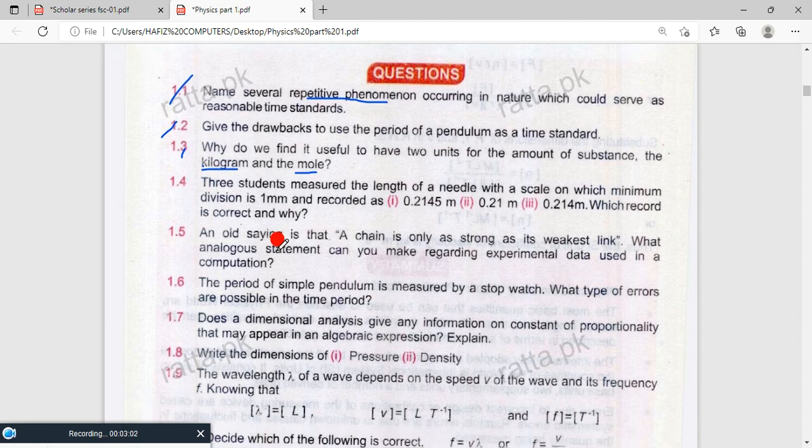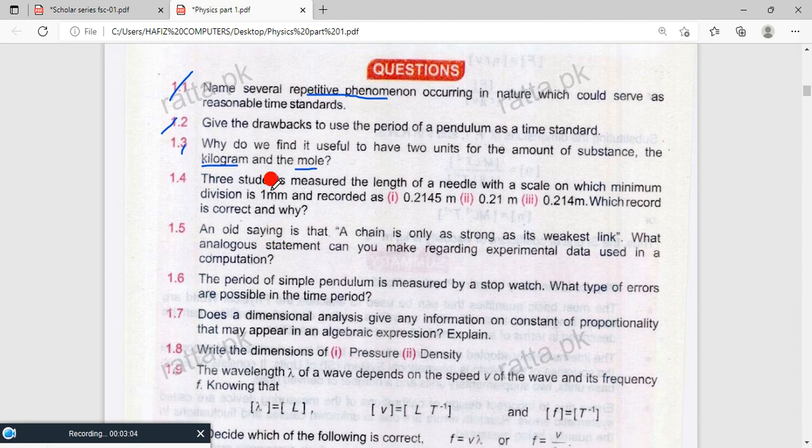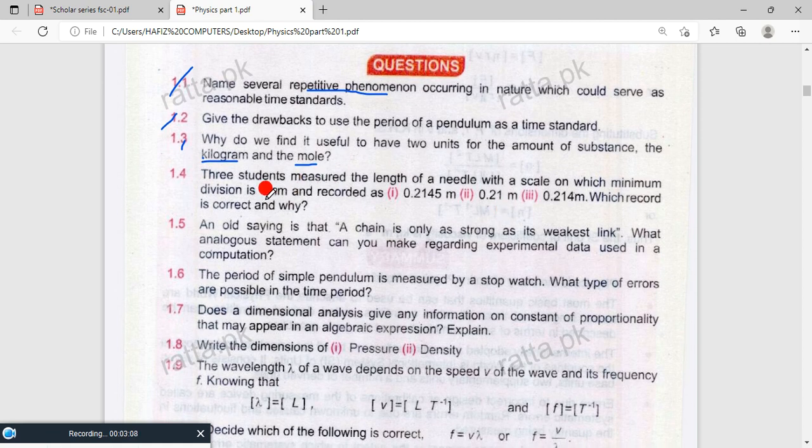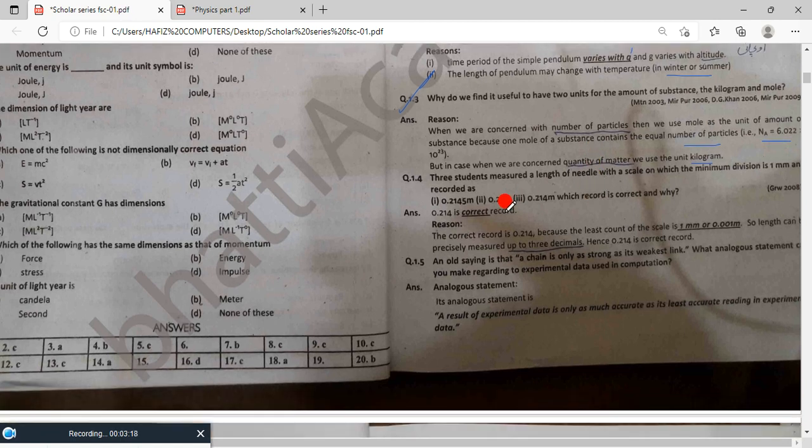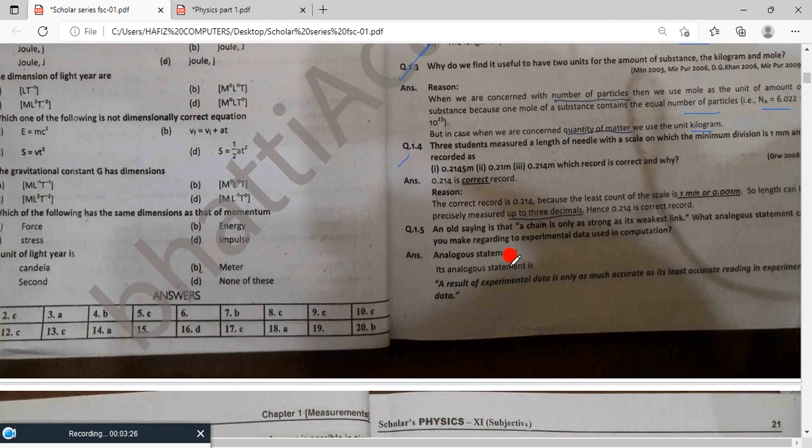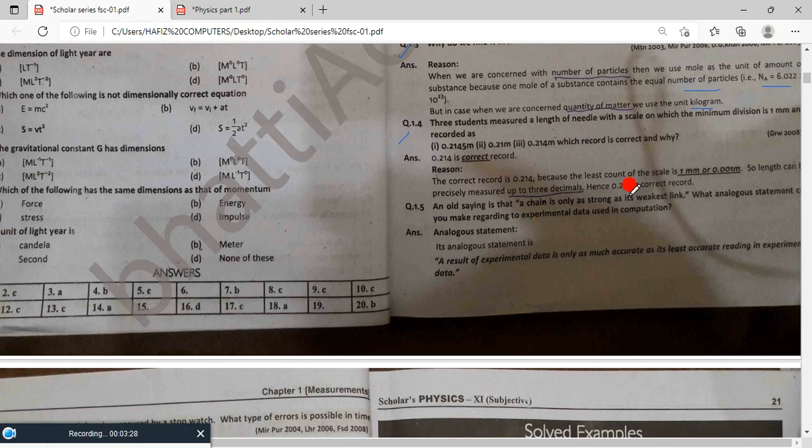The next short question is: three students measured the length of a needle with a scale on which the minimum division is 1 mm. This is the least count. They recorded three readings; which is correct and why? The third one, 0.214, is correct. The correct record is 0.214 because the least count of the scale is 1 mm or 0.001 meter.